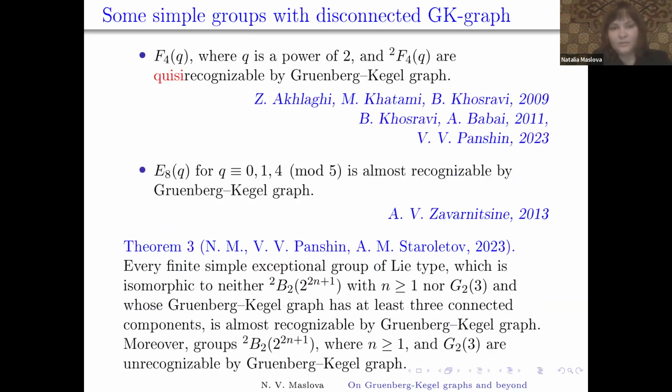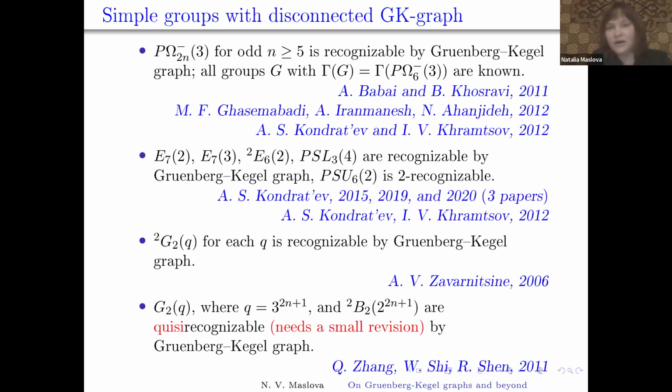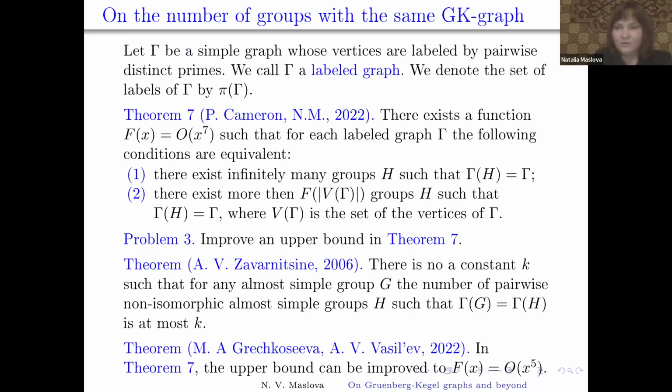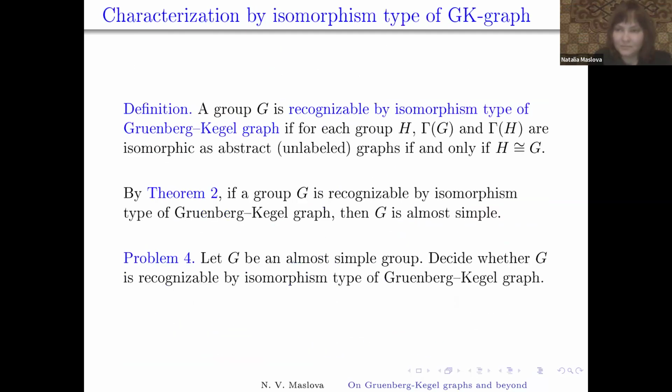And in the survey, there are infinite series which are recognizable, for example, the orthogonal groups. By labeled graphs, there are infinite series of groups which are recognizable.